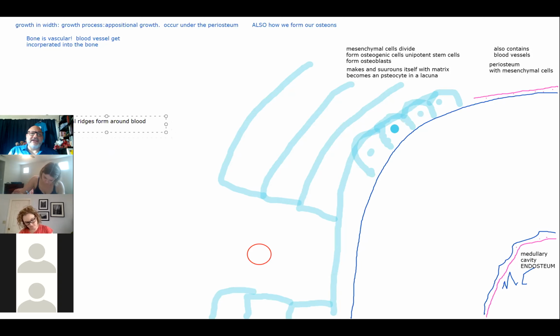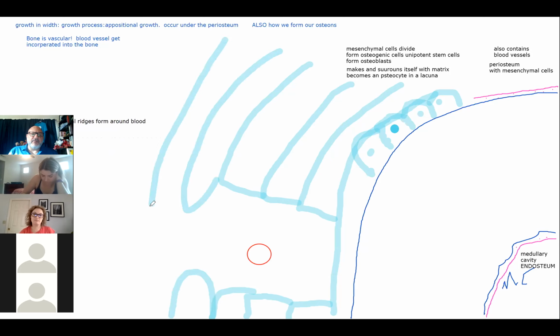Now, once we get past the blood vessels, these ridges start to elongate until the periosteal ridges are actually going to fuse together, basically forming a cavity around the blood vessel.